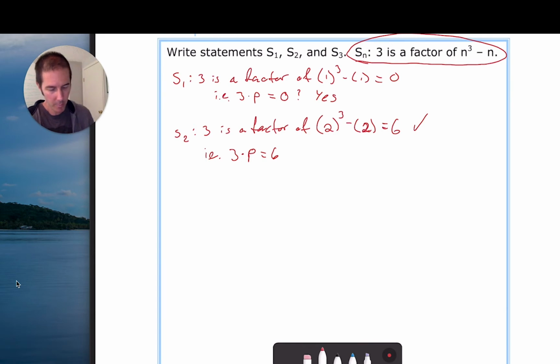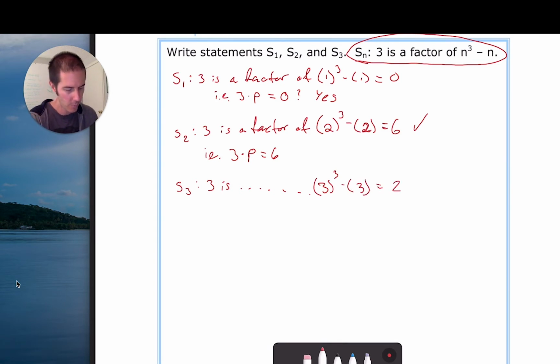Let's try s sub 3, just to really drive the point home. 3 is a factor of n value is now 3 to the third power minus 3. What does that equal? 27 minus 3. That's 24. Is 3 a factor of 24? Can I take 3 and multiply it by something, an integer, and get 24? Yeah, 8.